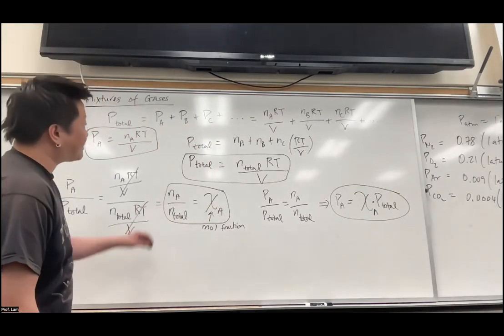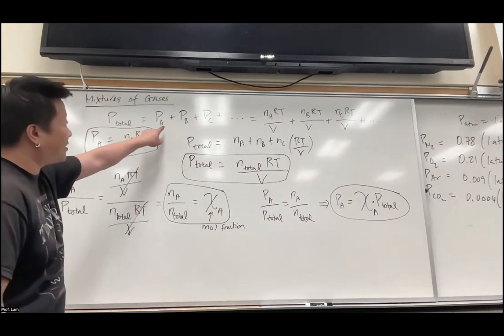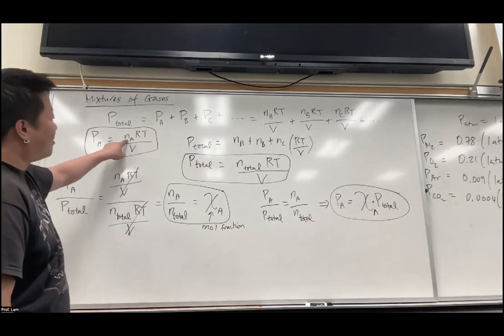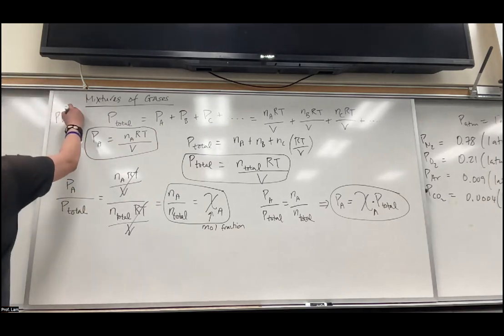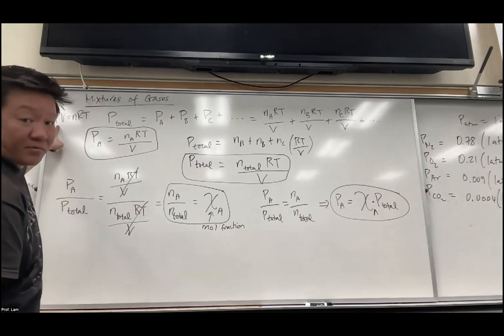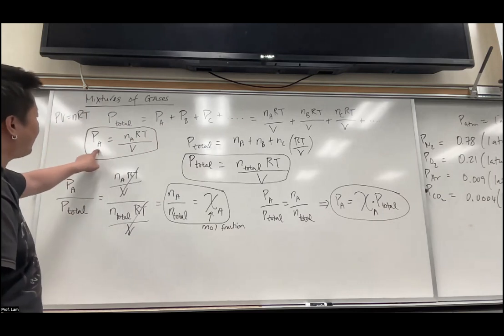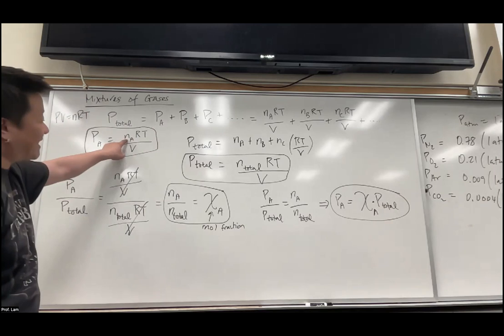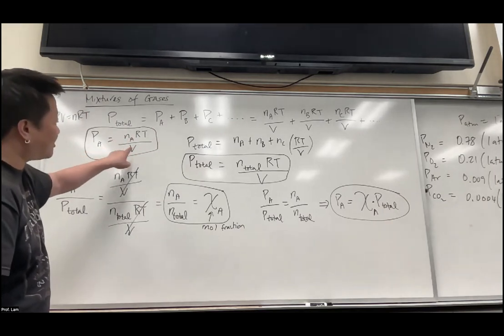But then remember that from PV equals nRT, the partial pressure of gas A is equal to moles of A times RT over V. We're just solving for P, so P is nRT over V. But if we only want the partial pressure of gas A, then we only count the moles of A. Does that make sense? So just moles of A times RT over V.